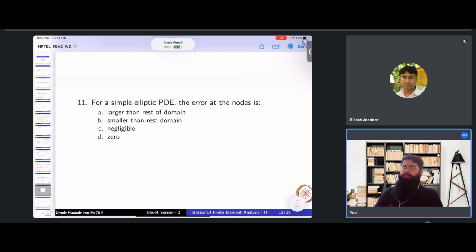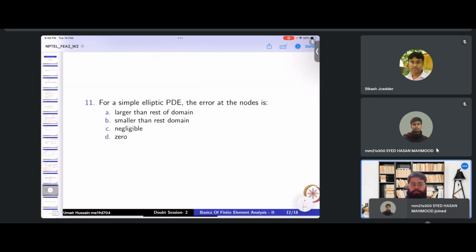Can we get an answer for this? So we are waiting for an answer for this question.